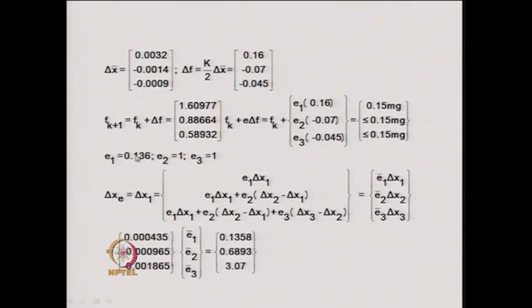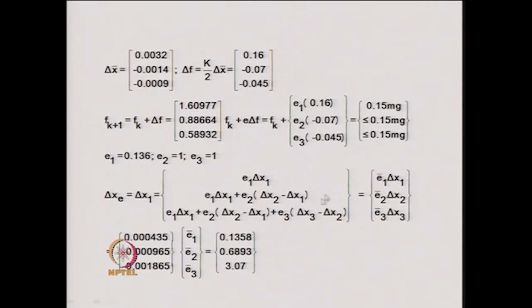So, in that way we calculated the values of E1, E2 and E3. Since the second floor column and the third floor column are in the elastic range, therefore, E2 and E3 are equal to 1.